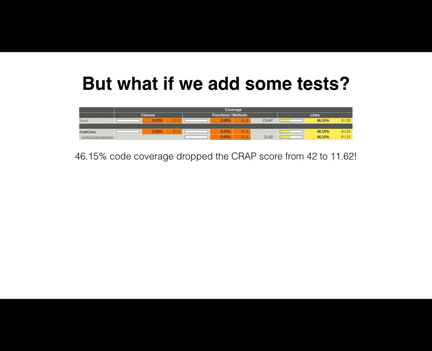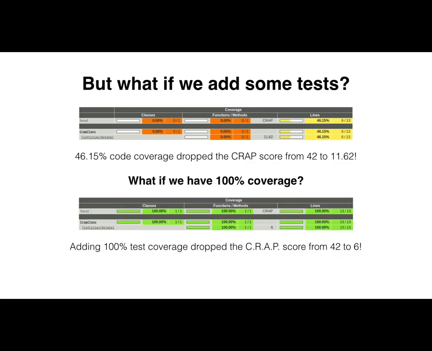But that's dropped the crap score from 42 to 11.62. Means it's a little less risky to change this method. If we go in and we change something, there's a good chance that one of our tests will pick up an issue with it. If we increase it to 100% coverage, it goes all the way down to 6, and that's the minimum complexity that this particular method can have because of the number of decisions being made in it.